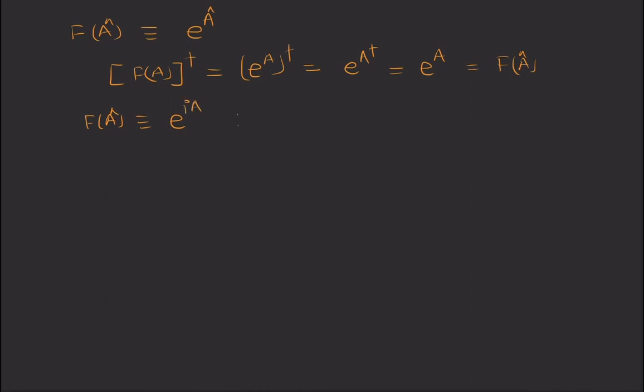So in this case, the adjoint of this function operator is equal to the adjoint of this e to the power iA, and that is written as e to the power minus i A dagger, that is equal to e to the power minus iA. So we see that it is not Hermitian in this case.